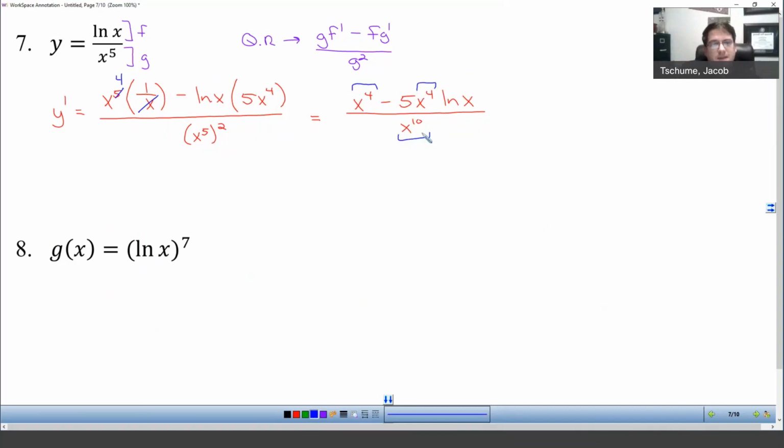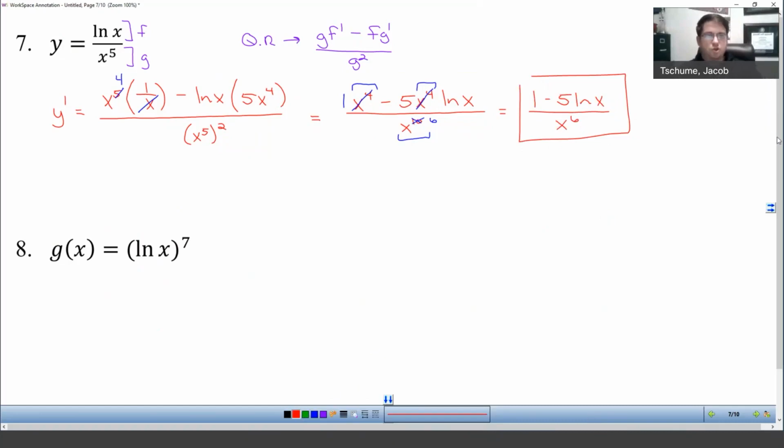So all three of them have at least an x to the 4th. So I can cancel this x to the 4th out. I can cancel this one as well, but since it's by itself, there's an understood 1 there. And then these 10 drop down to 6. And you are left with a final answer of 1 minus 5 times the natural log of x over x to the 6th. That's as simplified as it goes, and there's no more factoring you have to do on number 7.